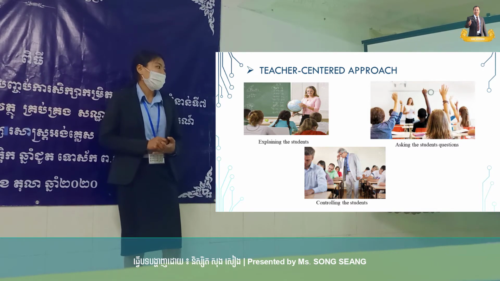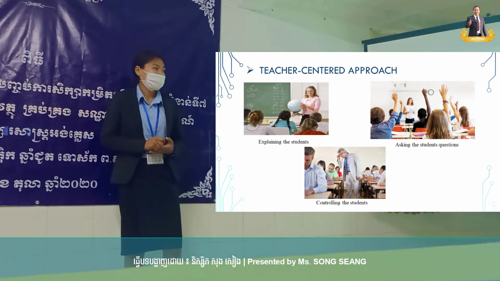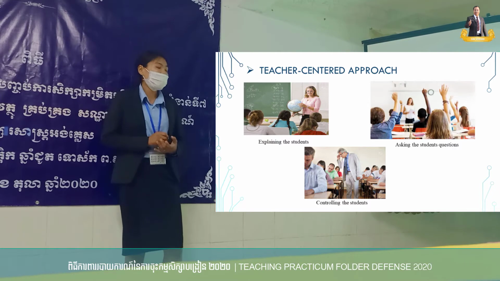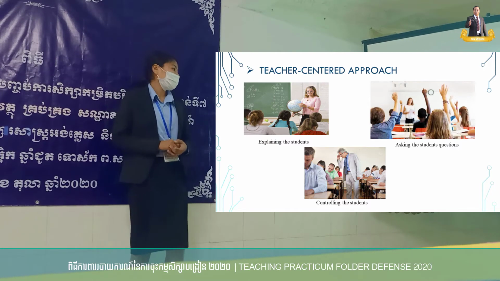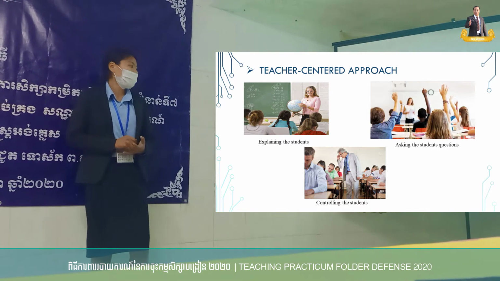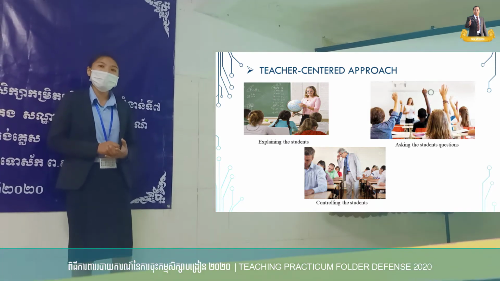And for the second one, asking the student questions means the teacher has to create the questions by researching on the internet or reading books to have more information. And for the last one, controlling the student is the correct way that makes the student have good behavior.